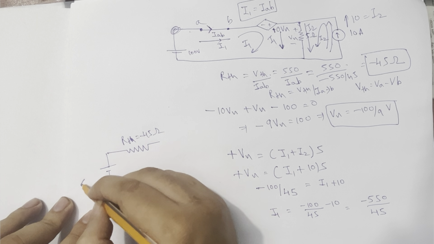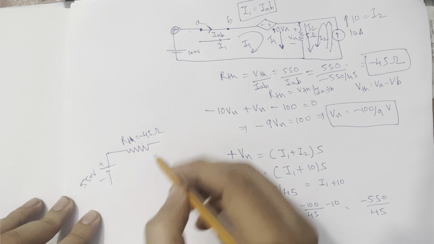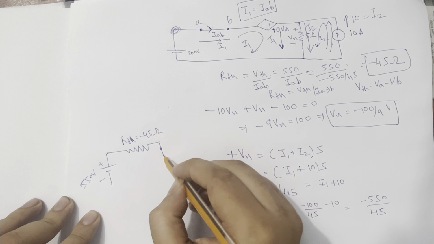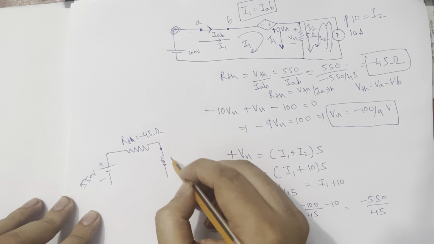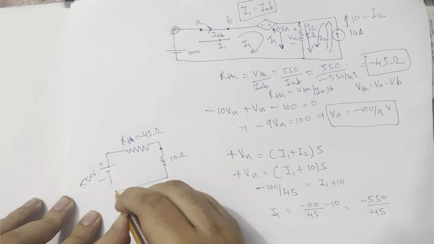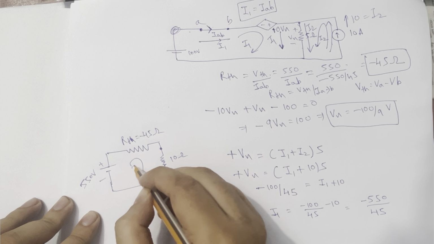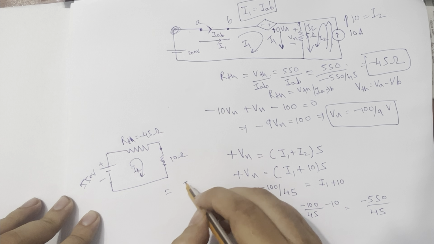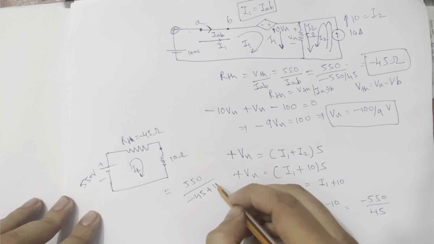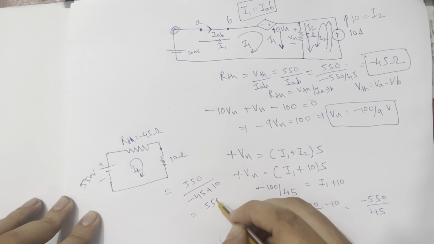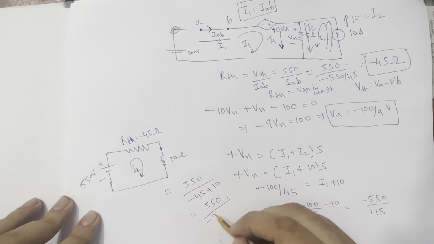So that's why the net circuit will be RTH equal to minus 45 ohms, VTH equal to 550 volts, positive connected to the terminal A, and the load, which in the original question was 10 ohms. So the load current will be equal to 550 upon minus 45 plus 10, so it will be 550 upon minus 35.